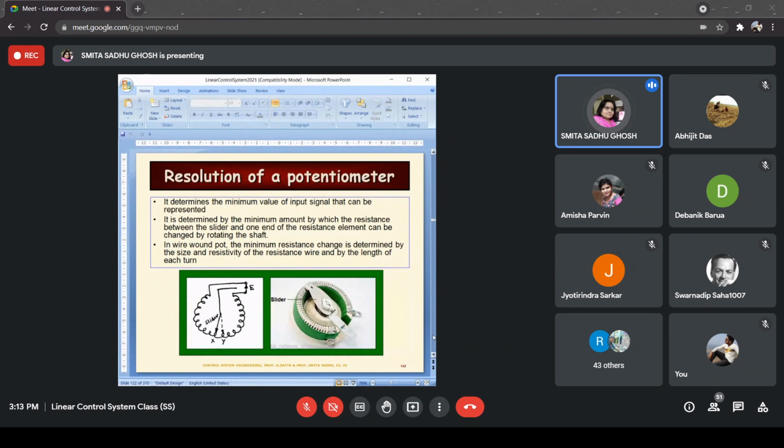Now we come to something which is known as the resolution of a potentiometer. Nowadays, of course, all of you are familiar with the term resolution, maybe in a different context, such as the resolution of screens and images.